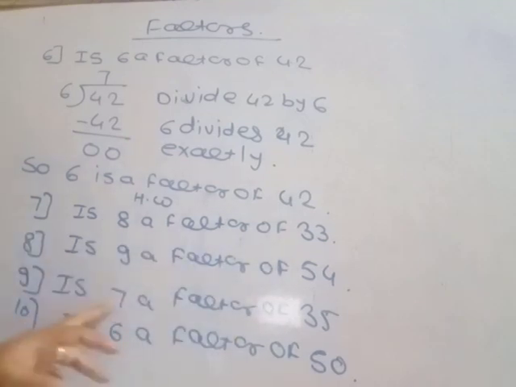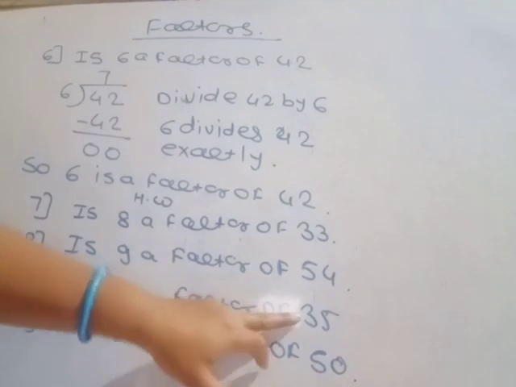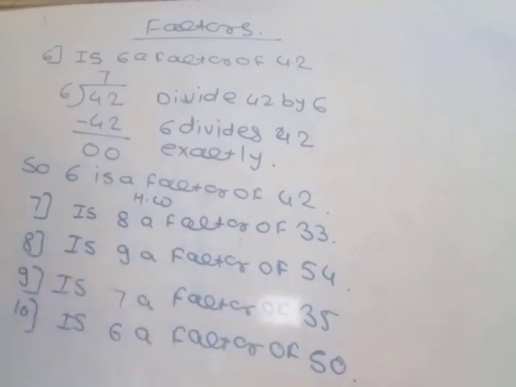Then is 7 a factor of 35? 7 5s are 35. So 7 is a factor of 35.